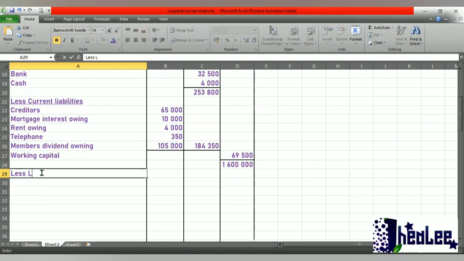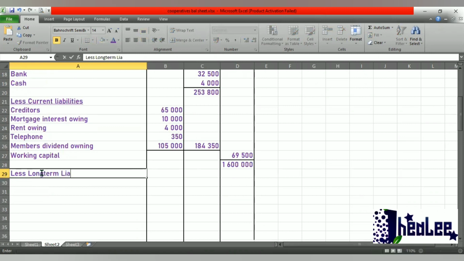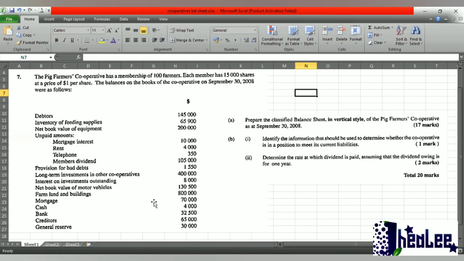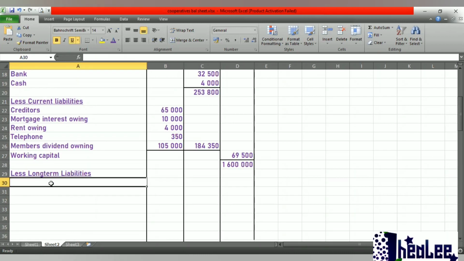So less long-term liabilities, and the long-term liability, there was only one, and that is mortgage. And the mortgage value is $70,000. So we're going to subtract that 70,000 from the figure of 1,600,000.